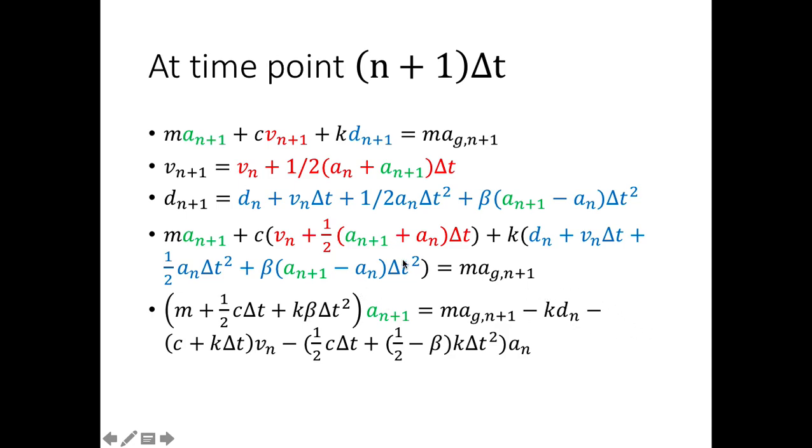What is left is c vn, half c delta t an, k dn, vn k delta t, half an delta t squared k, and beta an delta t squared k.